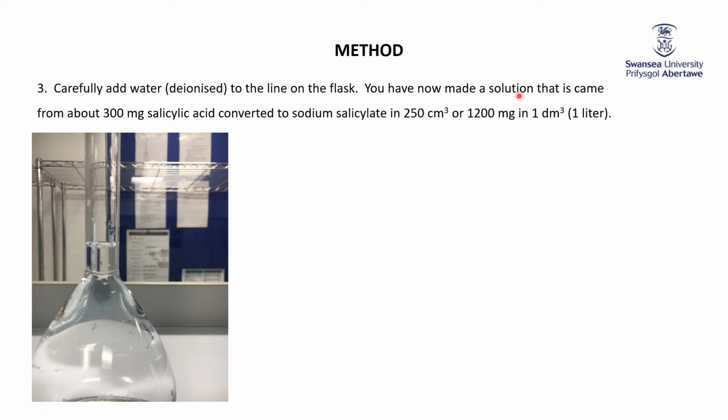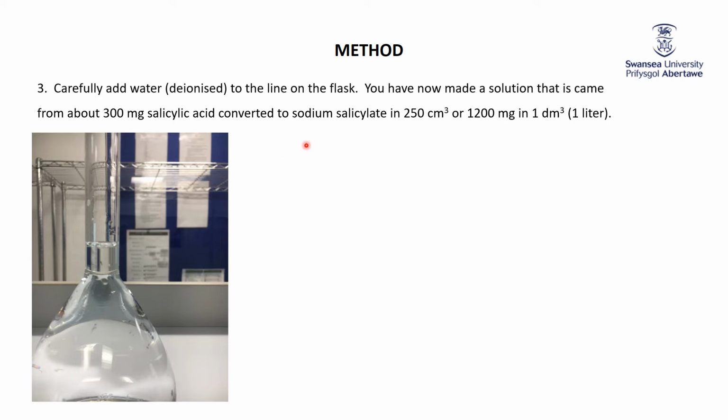Of course, we usually talk about concentration in terms of cubic decimeters or liters, so that's 250 cubic centimeters in a liter. So we got about 300 milligrams of salicylic acid converted, or 1200 milligrams per liter, to the sodium salicylate.